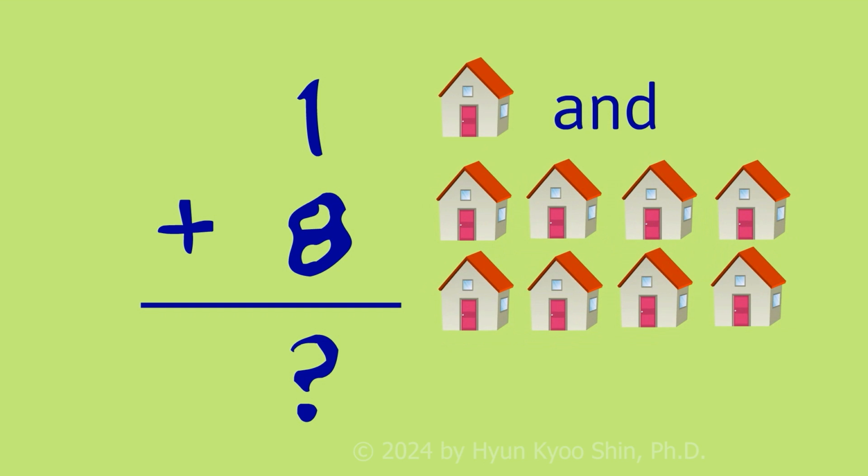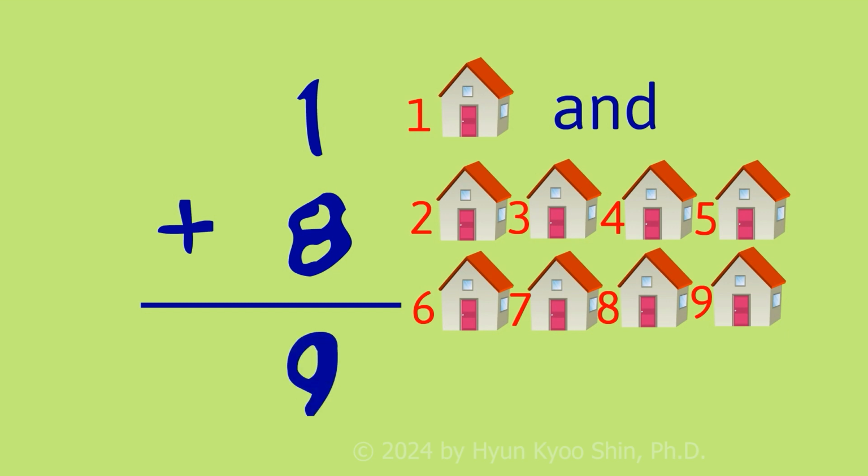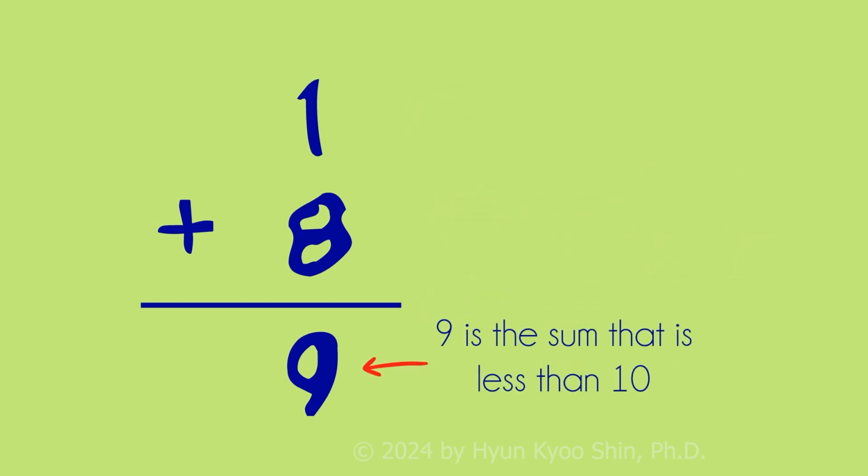Let's count. 1, 2, 3, 4, 5, 6, 7, 8, and 9. We have 9 houses. So the answer is 9. 9 is a sum that is less than 10.